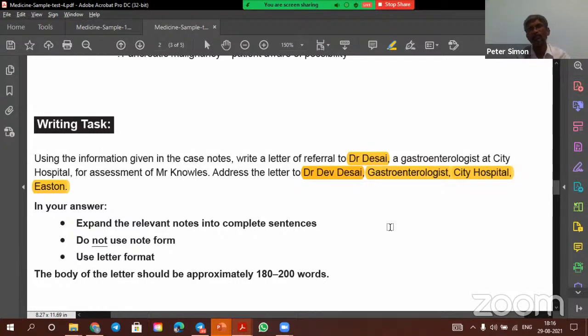Is there any other information given? No. So, 4 points. Actually, 5 will be there. Street name will be there, or town's name will be there, or something like that. It is 5. But here there are only 4. So, forget about the others.